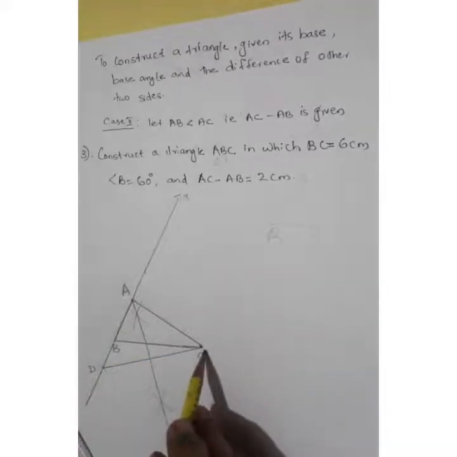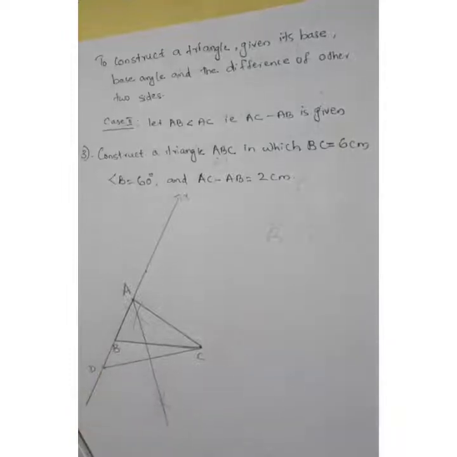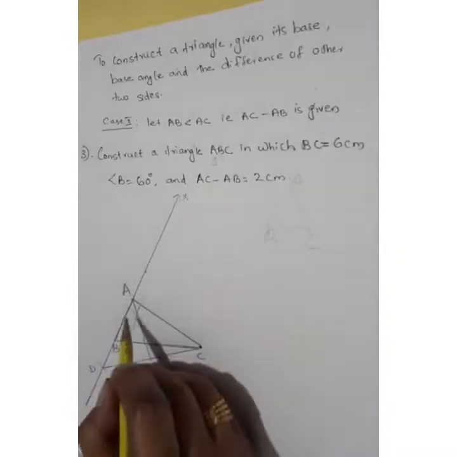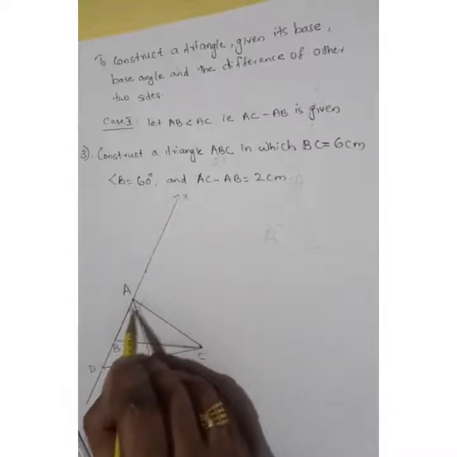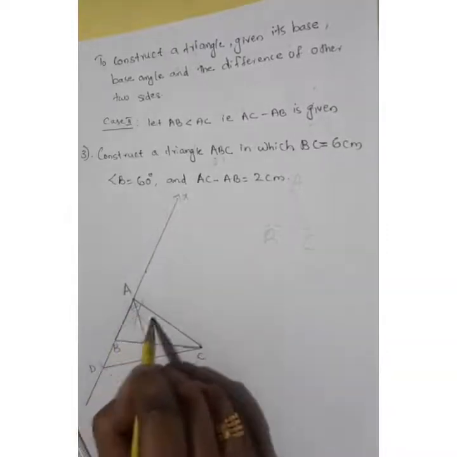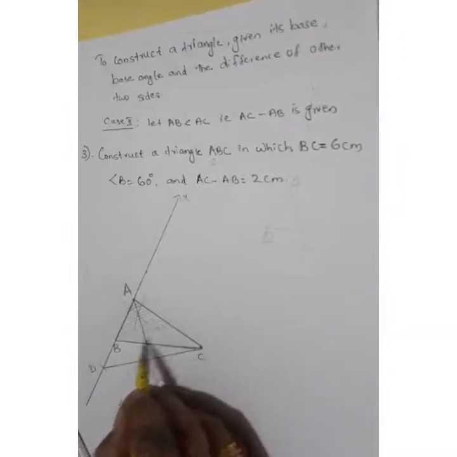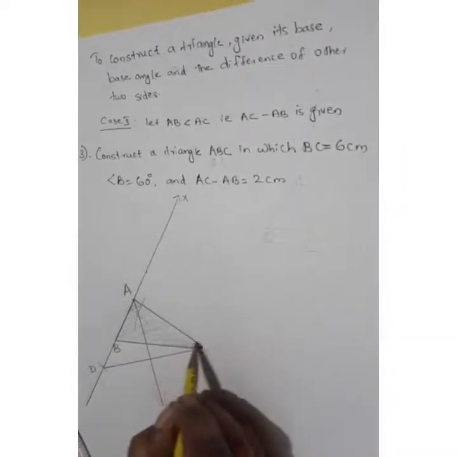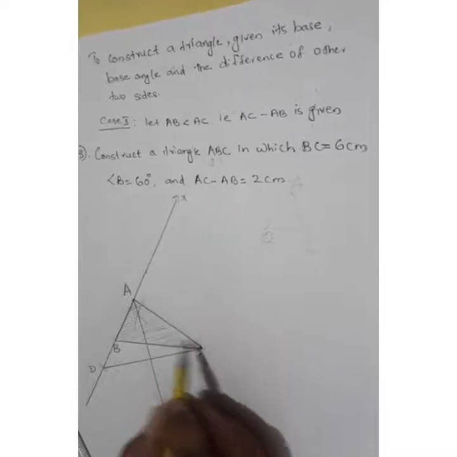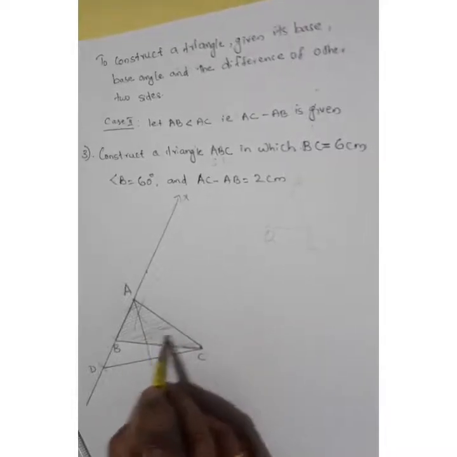Find out the length AC and the length AB and subtract, you should get 2 centimeter. Surely you are going to get this. And just shade it as we have done before to distinguish that triangle. So that is the end of this construction.